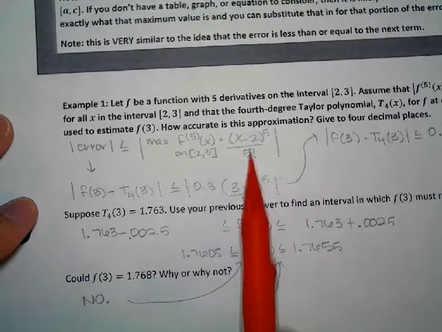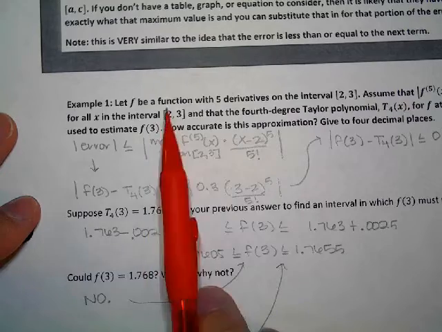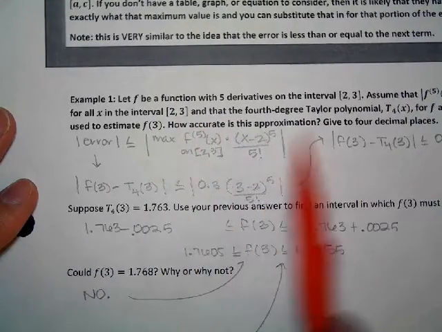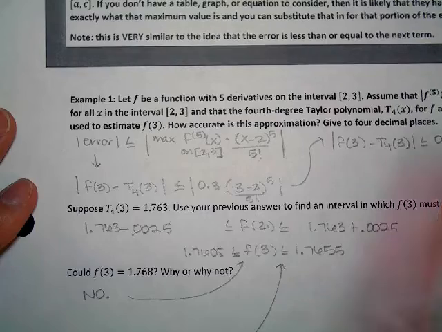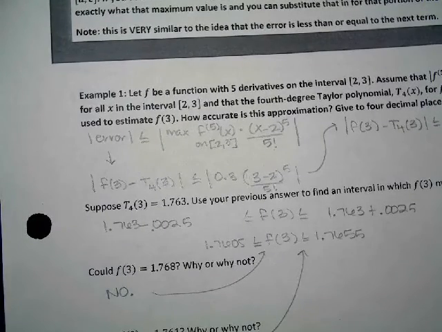Does that make sense? The center was 2, and you were evaluating the problem for 3. So the interval was 2 to 3. So it's either the center to the number you're plugging in, or it's the number you're plugging in to the center, depending on which number is bigger or smaller, okay?